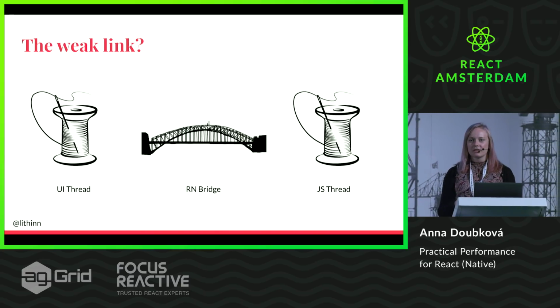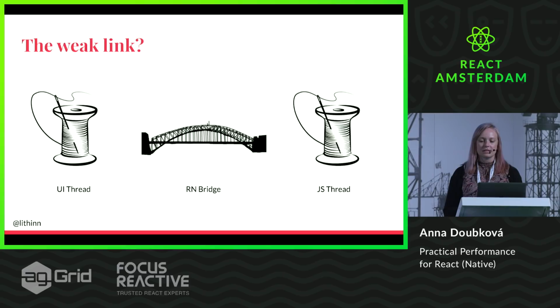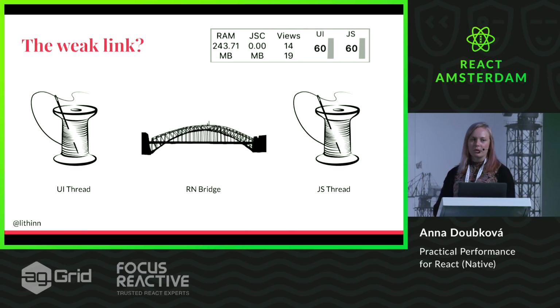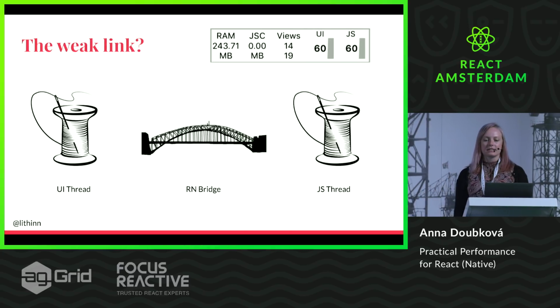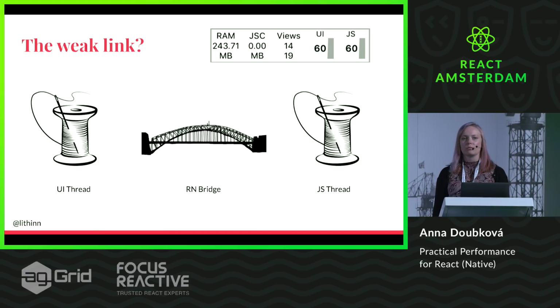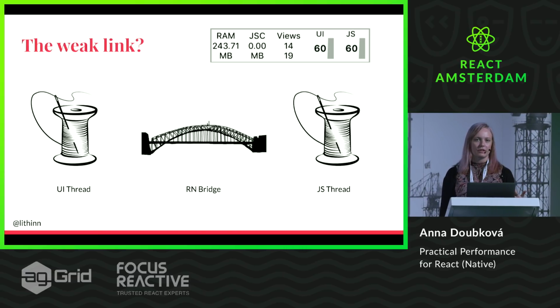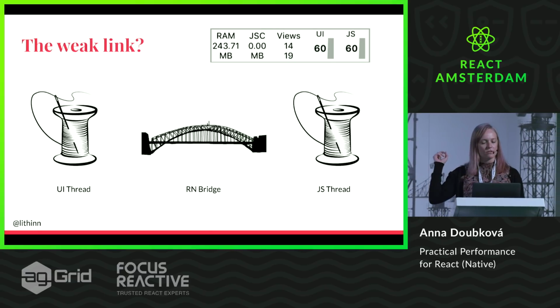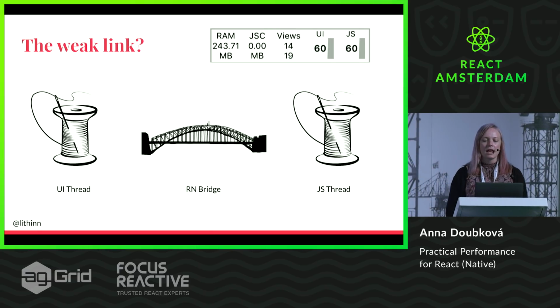But that was just a very vague idea, and we decided to use the perf monitor that comes out of the box with React Native. It's literally in the developer menu. A box like this pops up on your screen, and it shows you very roughly what is going on inside. What interests us most here is the UI and the JavaScript on the right side.